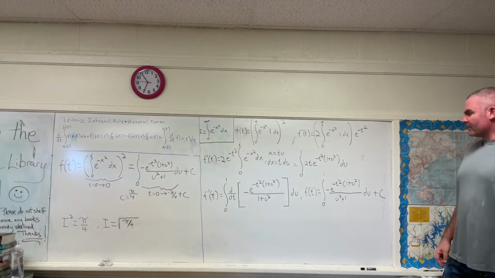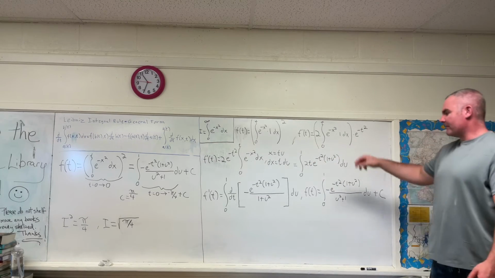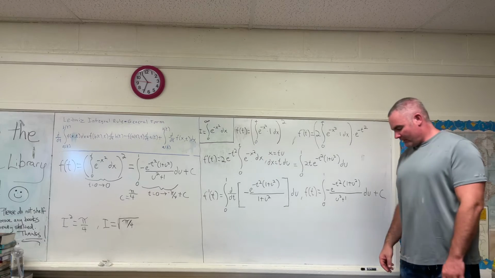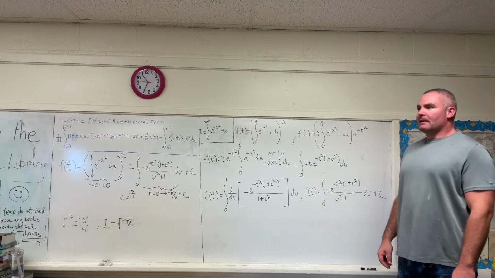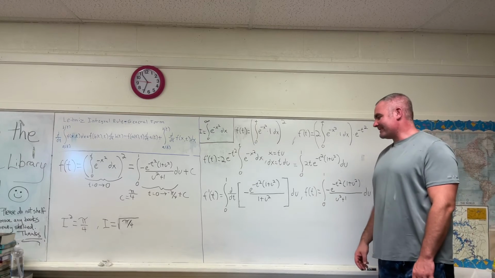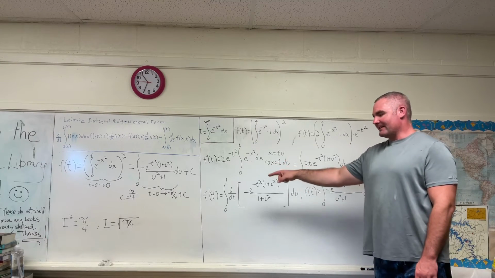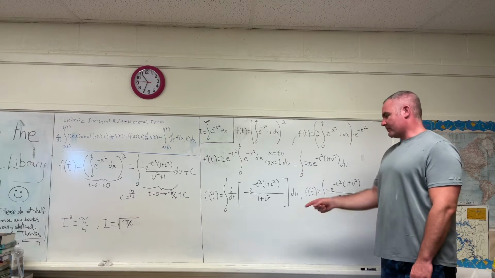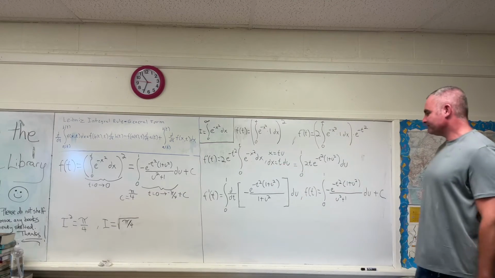So it's just another way of writing f prime of t. The reason I did that was because if you remember with the special case of the Leibniz rule, what that allows you to do is bring a derivative inside the integral sign. If it allows you to bring it in, it'll allow you to bring it out.